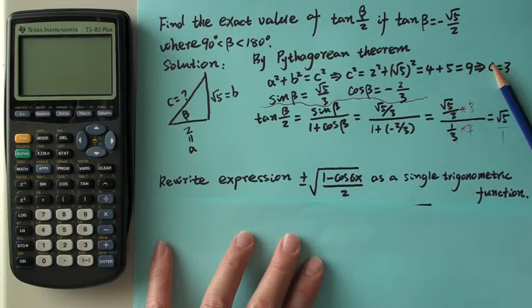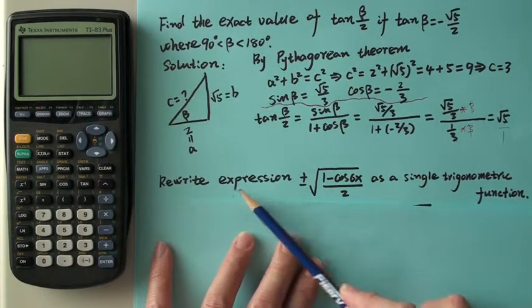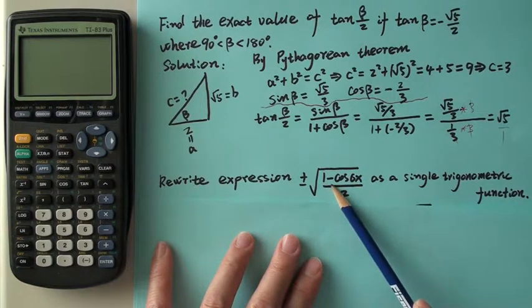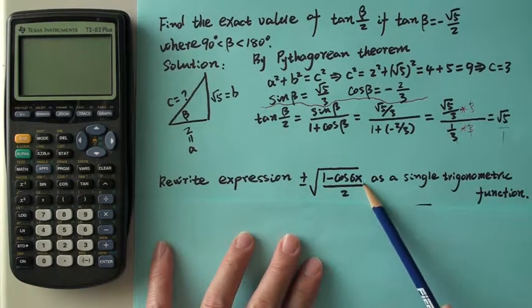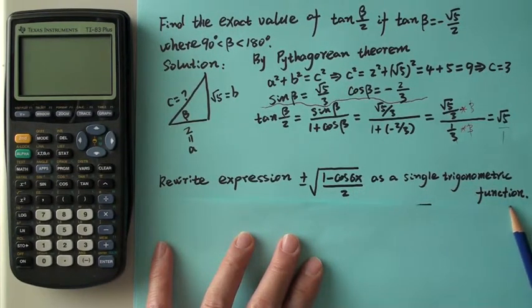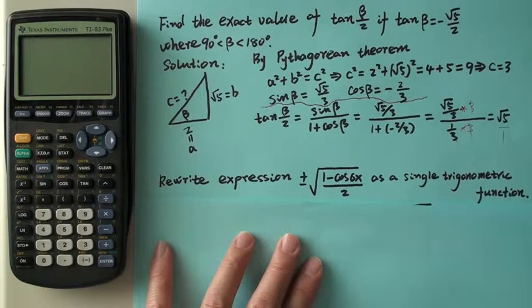Okay, now the second one is to rewrite the expression plus or minus radical of 1 minus cosine 6x divided by 2 as a single trigonometric function. Basically, here you want to apply a formula, then it's going to be done easily.